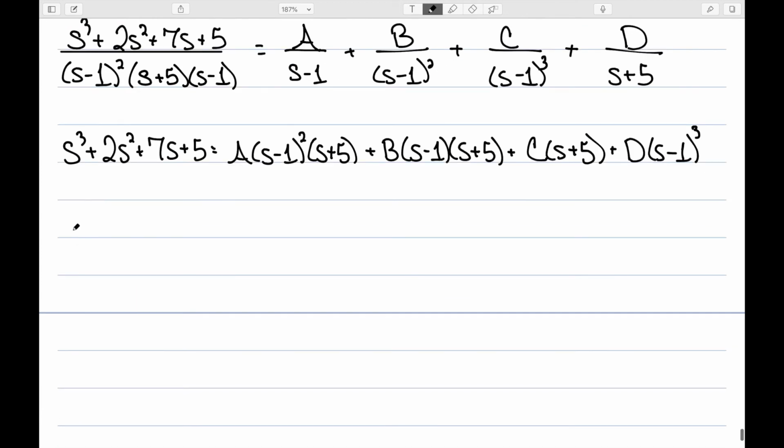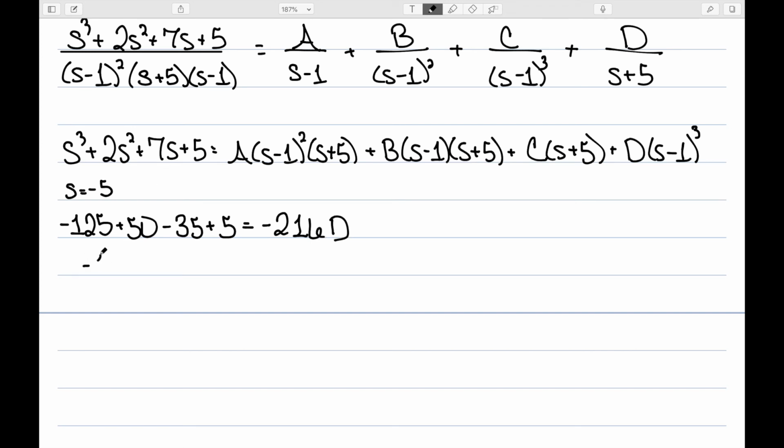We're going to start by letting s be equal to negative 5. Negative 5 cubed is negative 125. Negative 5 squared is 25 times 2 is 50. 7 times negative 5 is minus 35 plus 5. On the right-hand side, the A, B, and C terms all cancel. Over here, I have negative 5 minus 1 is negative 6, cubed is negative 216D.